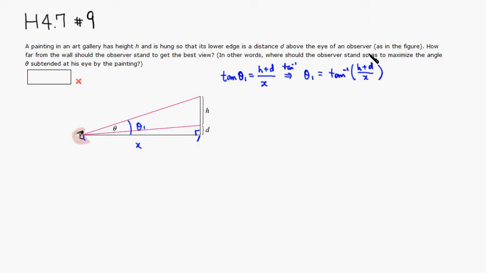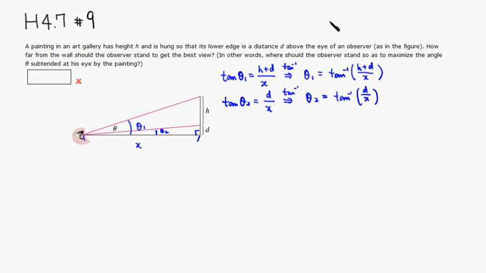To do the same thing with the smaller angle, I'm going to call it theta 2, tangent of theta 2 would be the same way. Opposite is d over adjacent is still x. Then we take the arctangent of both sides, so theta 2 is equal to arctangent of d over x.